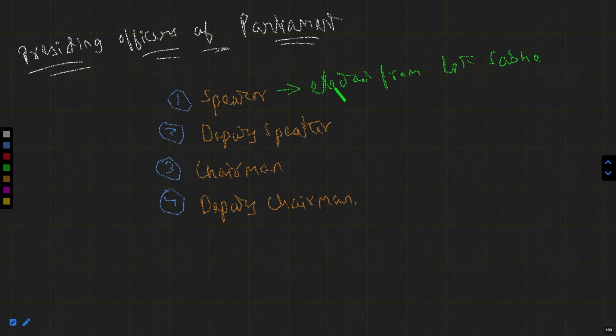All right. The deputy speaker is also elected from Lok Sabha.